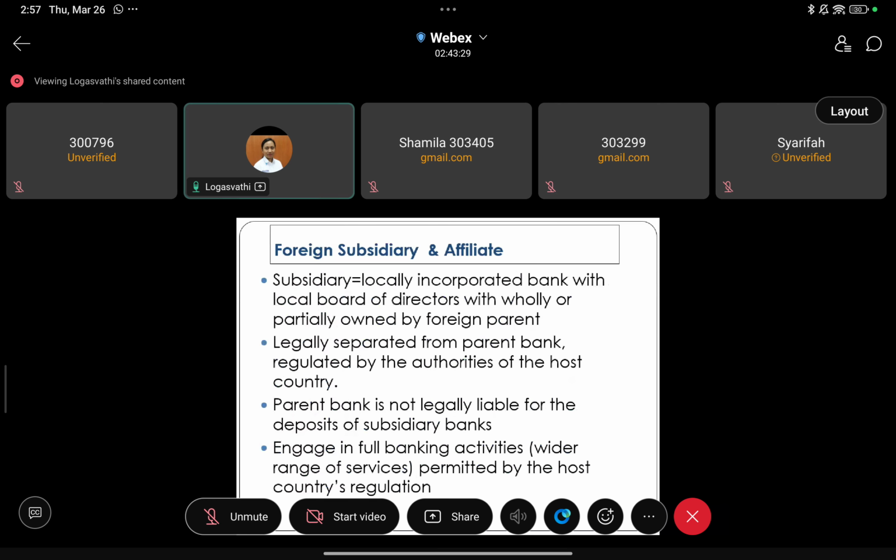Just now, for subsidiaries, the ownership by the foreigners can be full or partial. But for the affiliate, the ownership by the foreigner must be partial. And there is no control by the parent. The parent company, CIMB in Malaysia, cannot touch any deposits in CIMB Brazil.